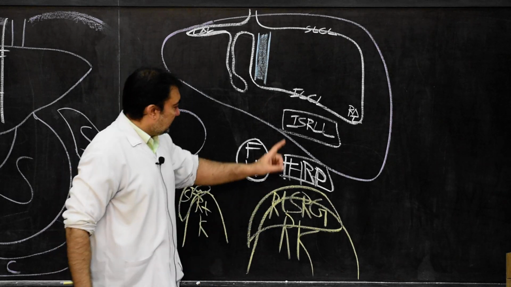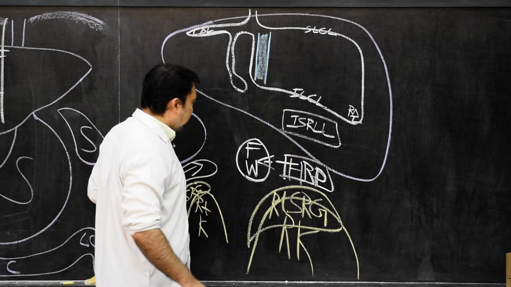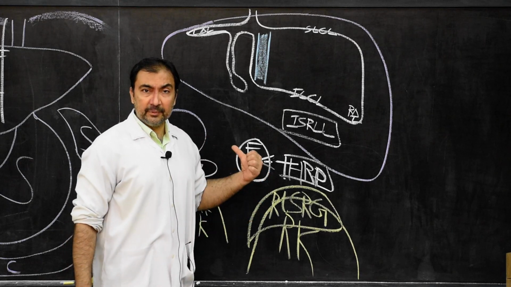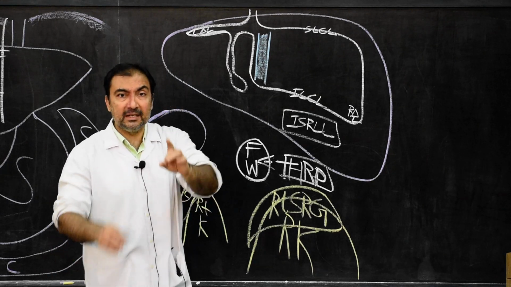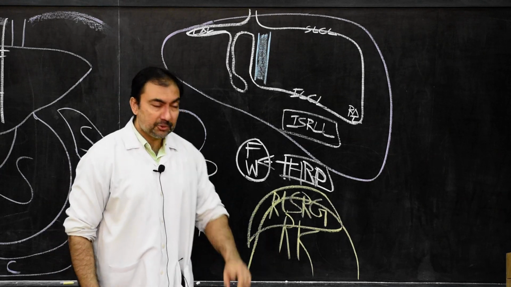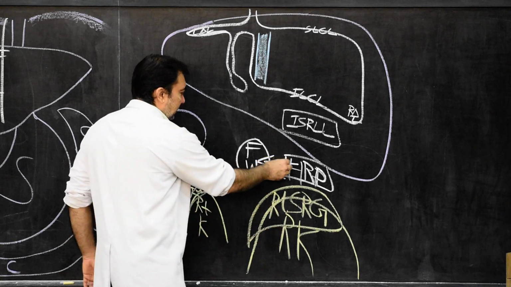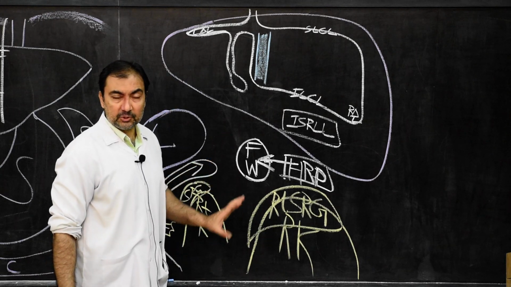So left side, our hepatorenal pouch will communicate with the omental bursa, the cavity of lesser sac, also known as the left subhepatic space, through the epiploic foramen.